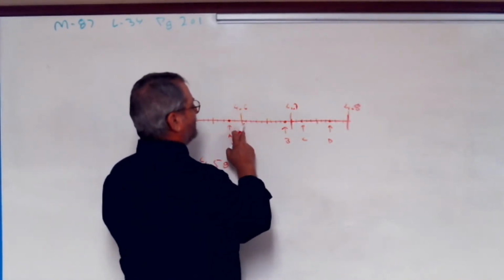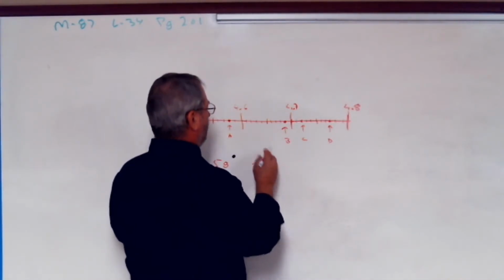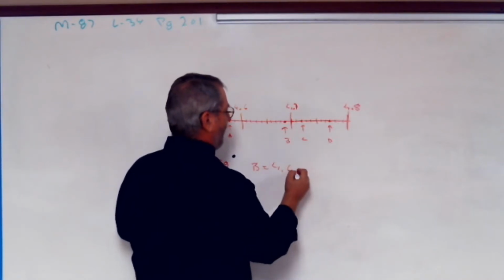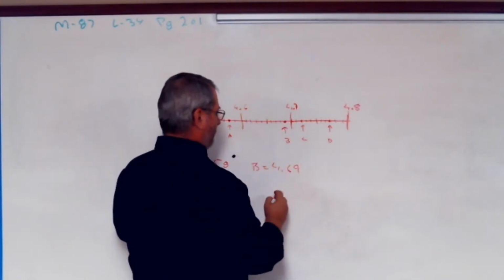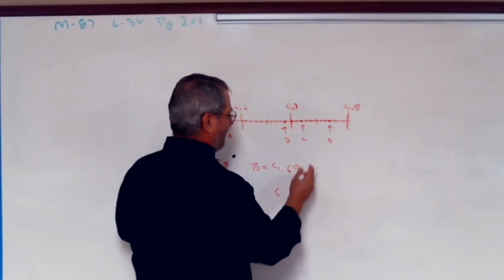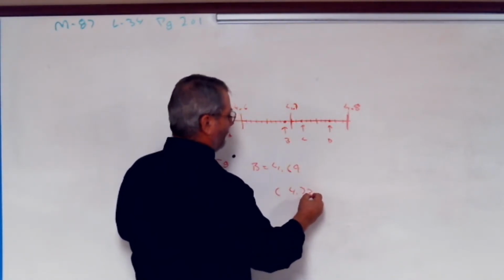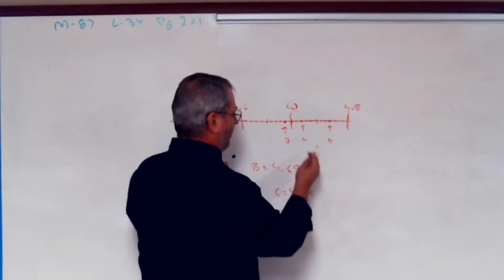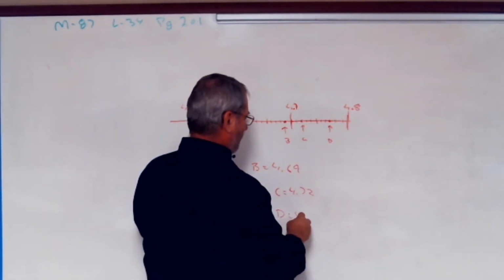B is going to be 4.69. C is going to be 4.72. And D is going to be 4.78.